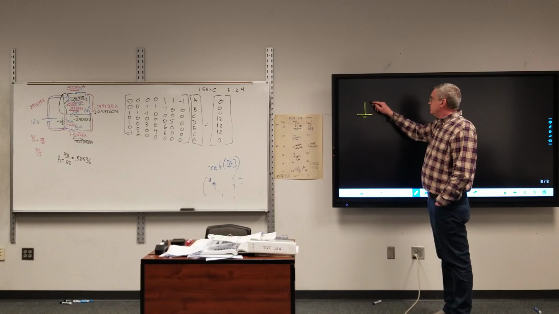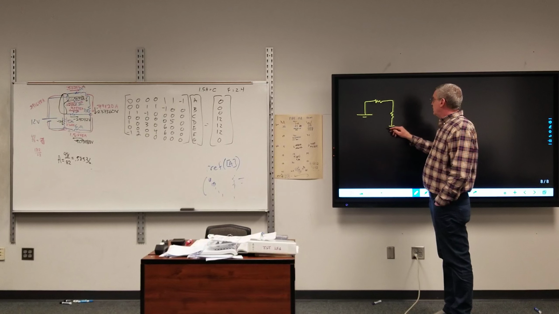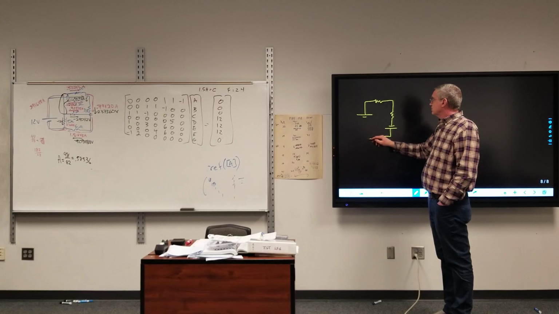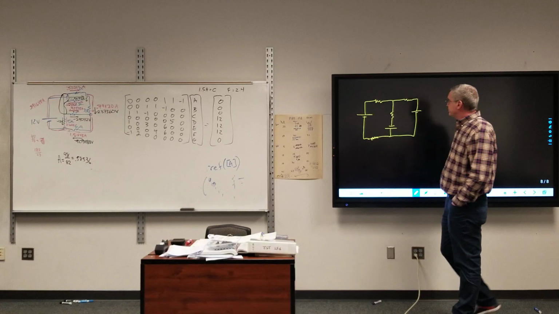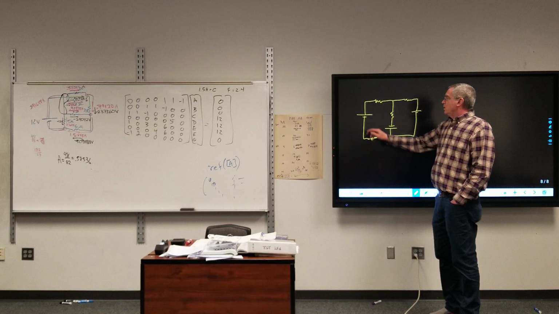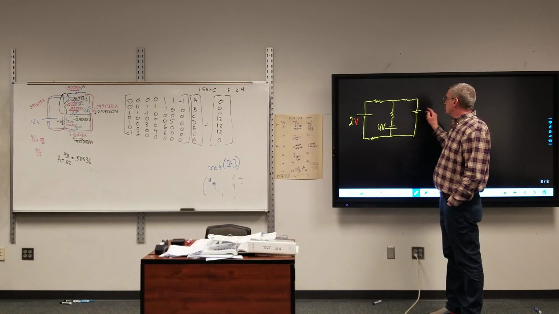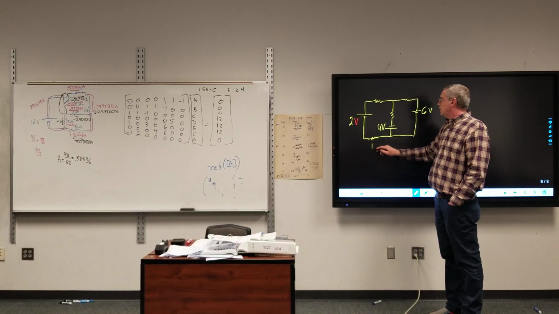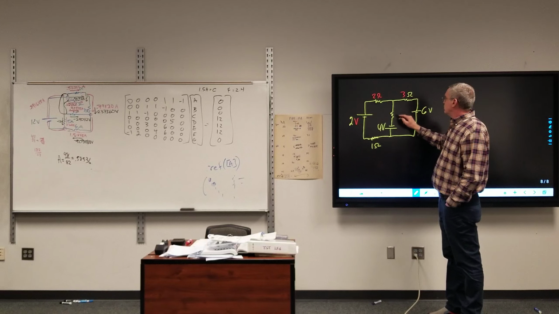Put a battery here, a resistor, a battery, a resistor, and let's have that facing upwards. Battery. 2 volts, 4 volts, 6 volts, 1 ohm, 2 ohms, 3 ohms, 4 ohms.